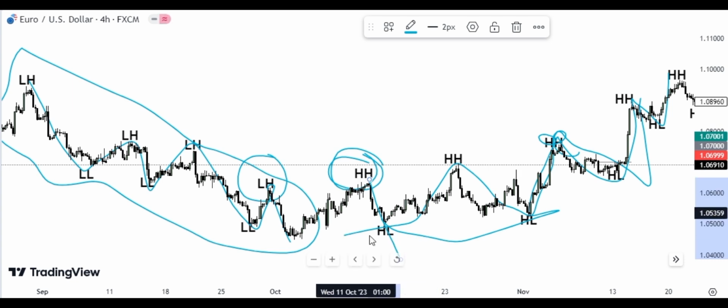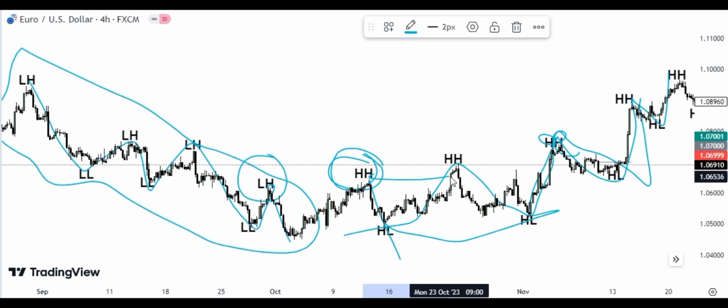But as you can see, the market did not create a new lower low. The market ended up creating a new higher low, and then we broke structure, which was the last higher high, and also created a new higher high. That's telling you that the market has started a new trend, which is the uptrend.